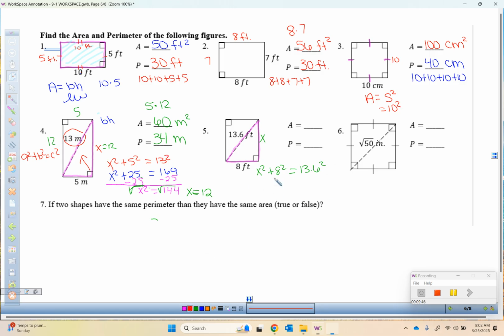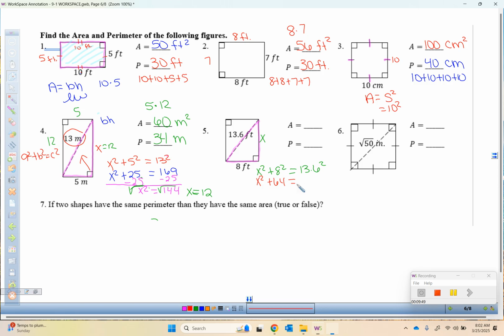And that leaves me with x squared plus 64 equals 13.6 squared. Is that 120.96?